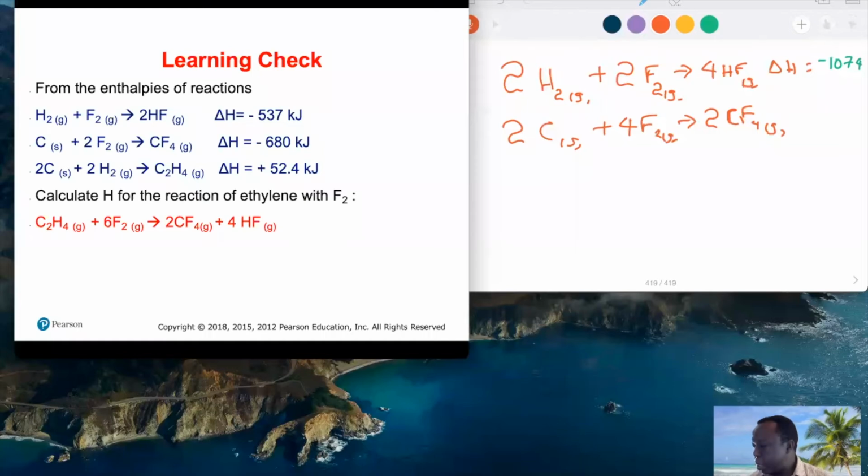And delta H for this equation, multiplied by 2, is negative 1360. How do I know I need to multiply by 2? It's based on what I have in the final equation, that this species has been multiplied by 2. And I need to do the same thing for the entire equation, including the enthalpy of reaction.